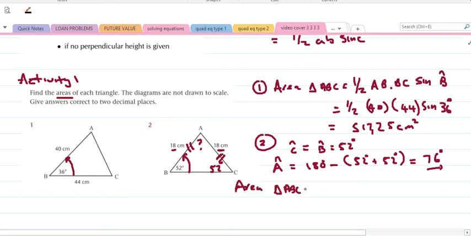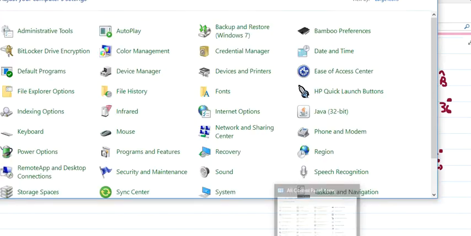So area of triangle ABC is equal to, what would you say?